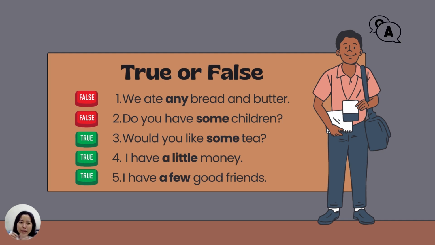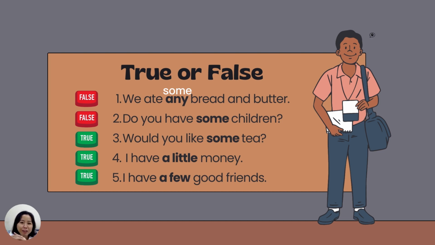Number one, we ate any bread and butter. So your answer was true before. So it should be false. Tell me, how will you correct this sentence? Yes, that's a very quick answer. We ate some bread and butter.